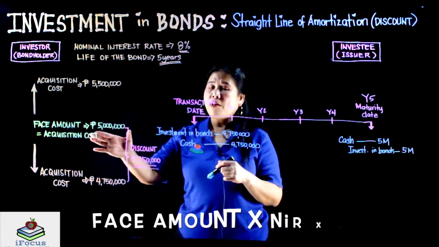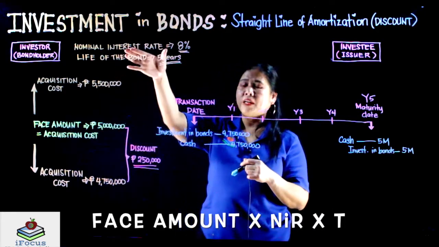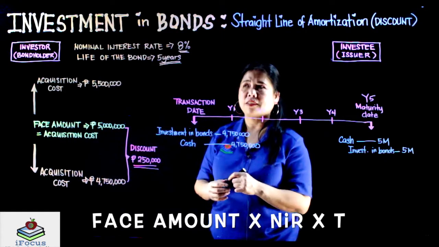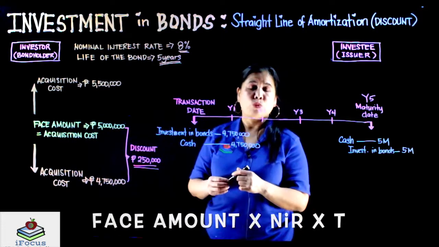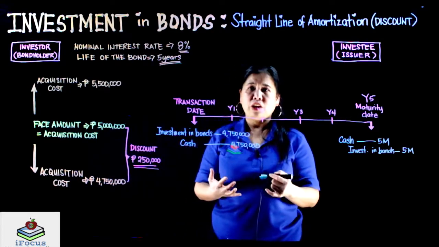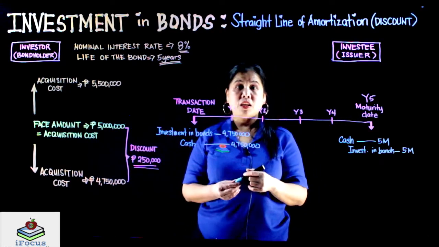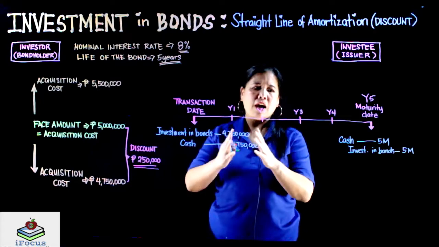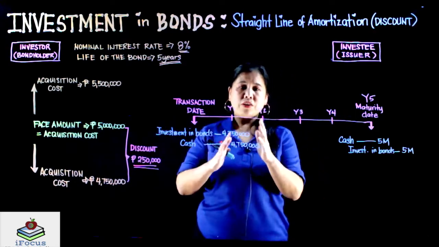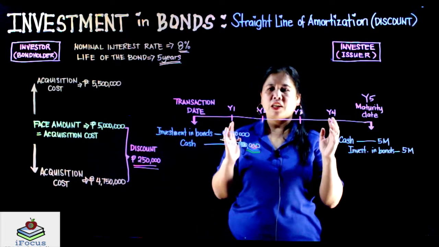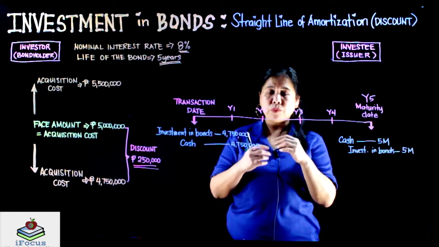Our face amount of 5 million times our nominal interest rate of 8% times 1 year. If you are calculating 6 months, then times 6 over 12. But this time, because it is yearly, we are computing 1 year, so we multiply it by 1.